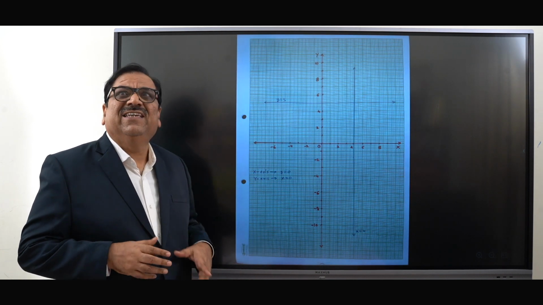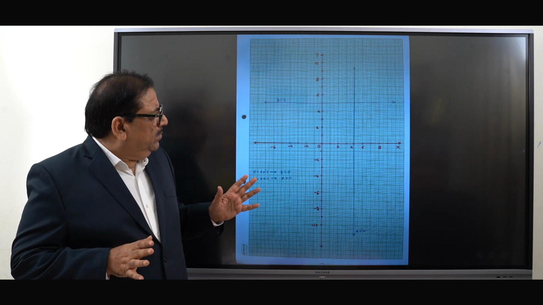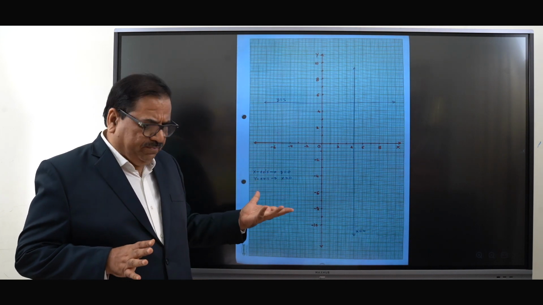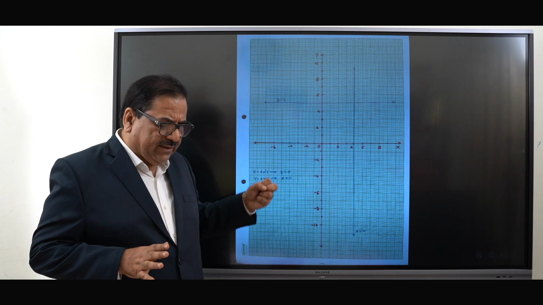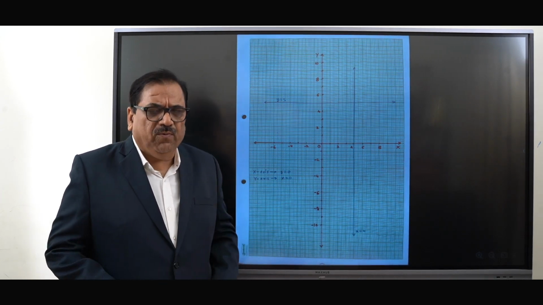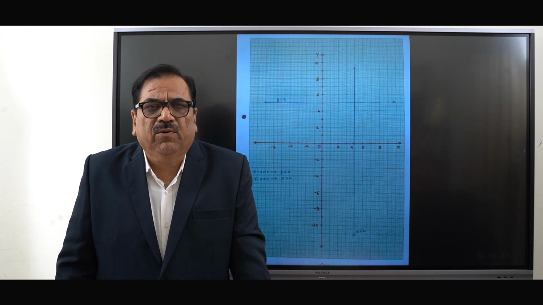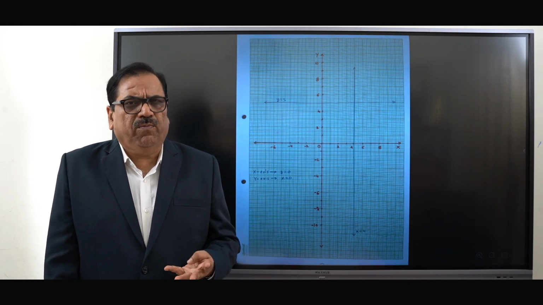The equation of the y-axis is x is equal to 0. And in this way, lines parallel to the x-axis, lines parallel to the y-axis, and any line. If we have to draw the graph of any linear equation in two variables, we have to find 4 points.